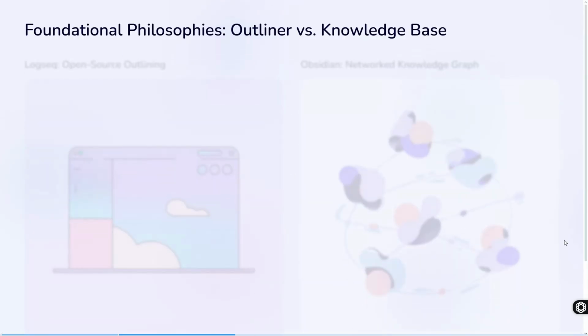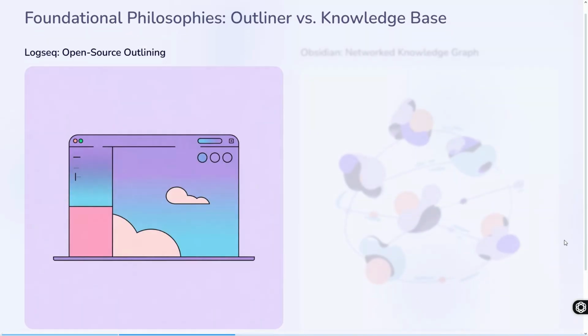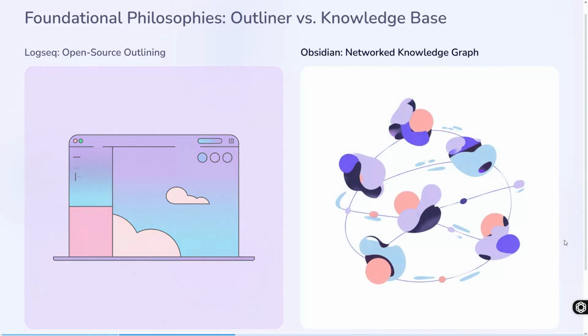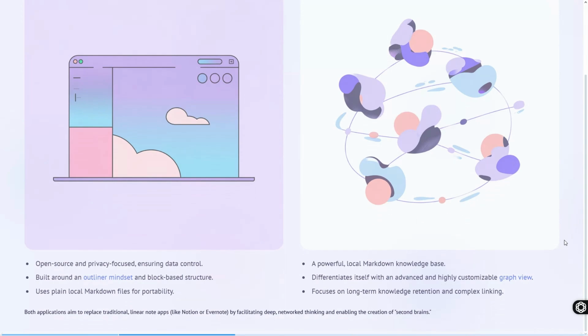Now the first thing you have to know is the foundational philosophies, the outliner versus the knowledge base. Logseq has some open source outlining, and Obsidian has some networked knowledge graph. So Logseq is based around open source and privacy focus, ensuring data control, and it is built around an outliner mindset and block based structure.